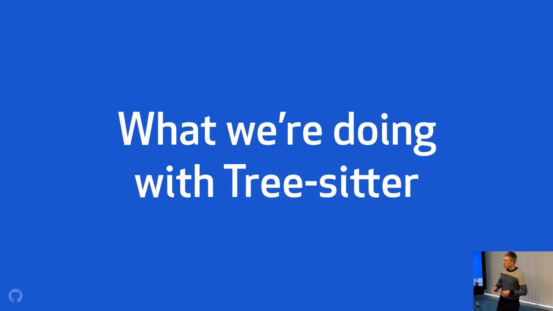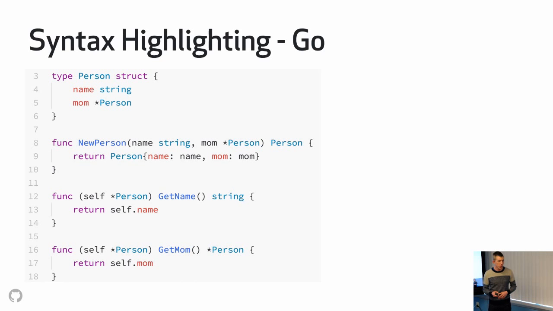Now I'll show you some of the things that we've built using Tree-sitter so far at GitHub. Since I've just been talking about syntax highlighting, I'll show you first our new syntax highlighting system. Here's a screenshot from Atom in which I've re-implemented syntax highlighting using the syntax tree provided by Tree-sitter in the editor.